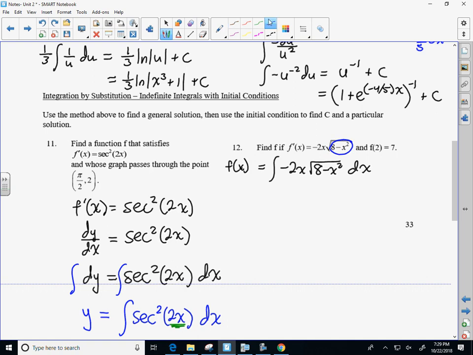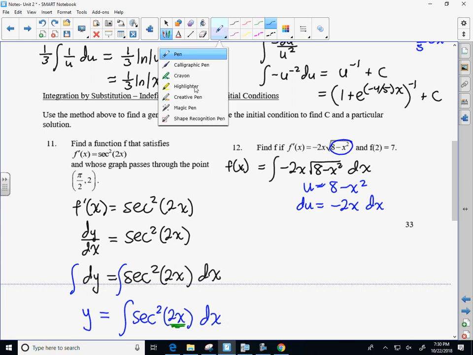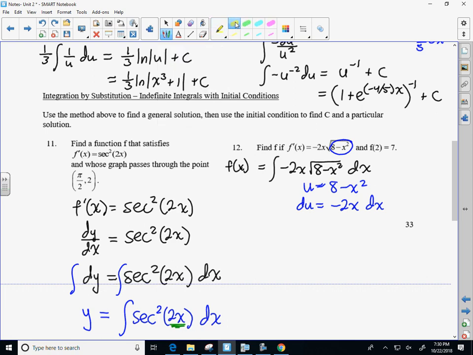If I let u be equal to 8 minus x squared, du would be equal to negative 2x dx, which is precisely what I need. Okay, so I have a negative 2x, I have a negative 2x, I have a dx, I have a dx. So this is a direct substitution.